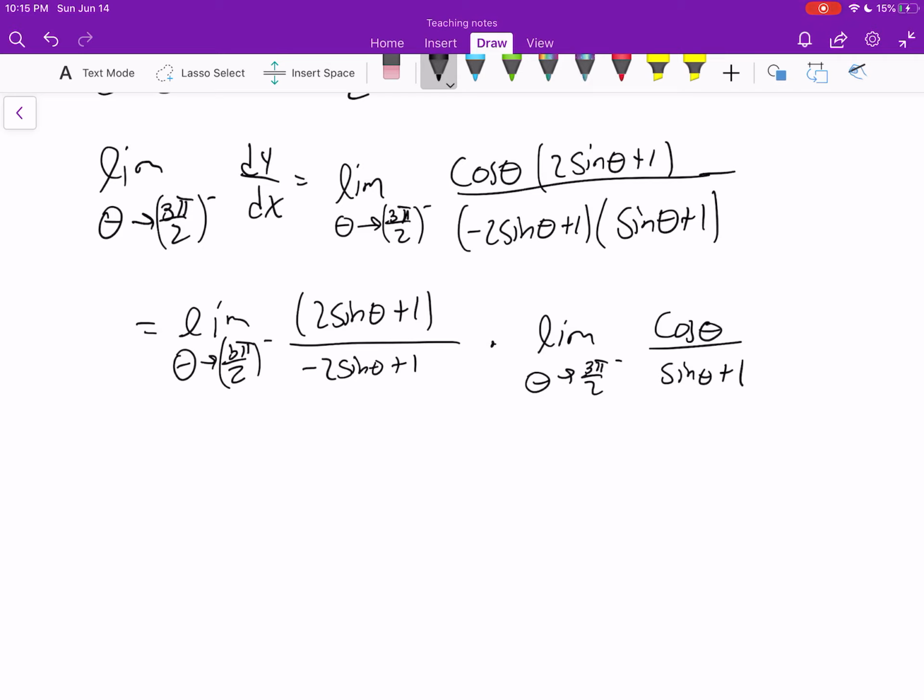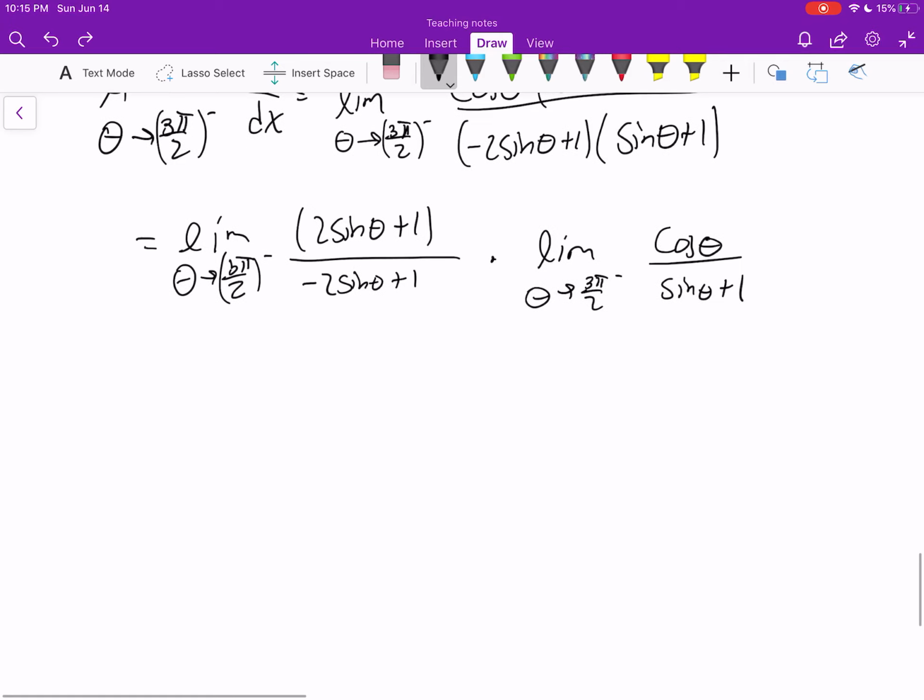What I've done is split this into the product of limits where the first is not going to 0 over 0, it's going to a number, but the second is going to 0 over 0. So now I'm going to evaluate both of these limits.